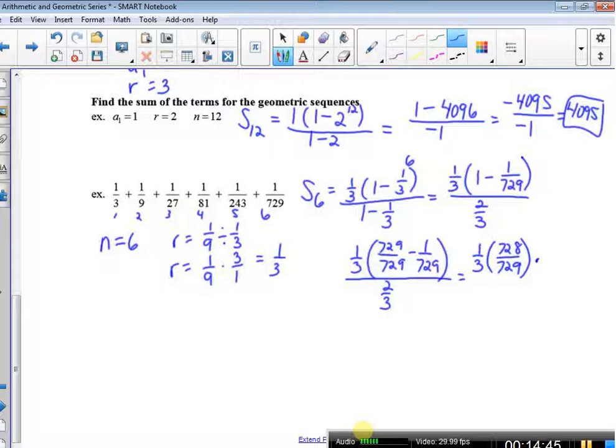And then I'm going to multiply that by the reciprocal of this denominator, 3 over 2. The 3's cancel. The 2 cancels into 728 to give 364, and I end up with 364 over 729. And I did that one on my calculator as well, and it was the same thing.